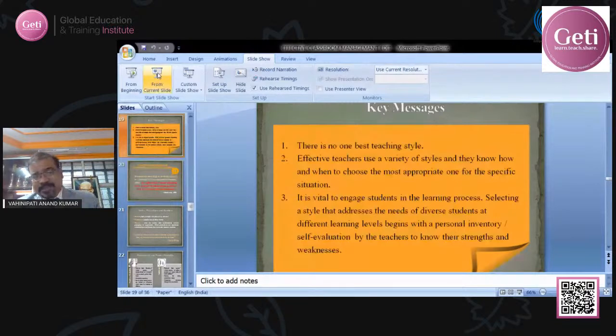Planning is important. Engaging the students is important, no matter which teaching style you use. Selecting a style that addresses the needs of diverse students, their learning styles, and their MIs, etc., is very important. So, for that, different learning levels begin with the personal inventory, self-evaluation by the teachers to know their strengths and weaknesses.